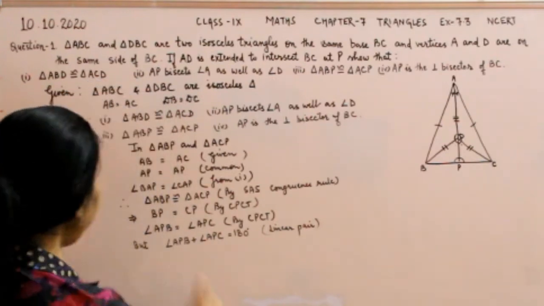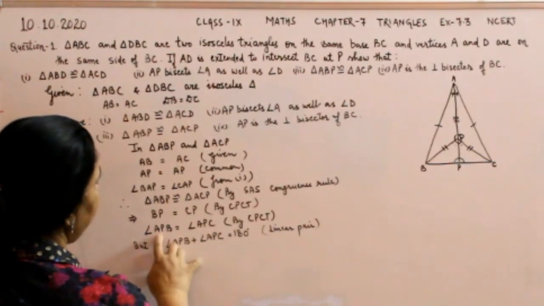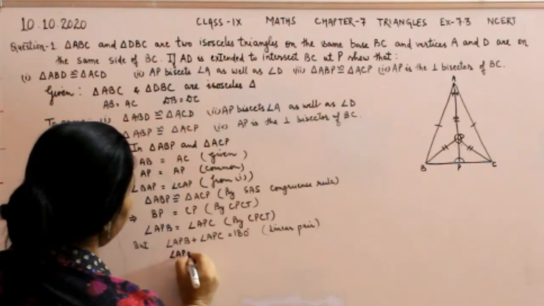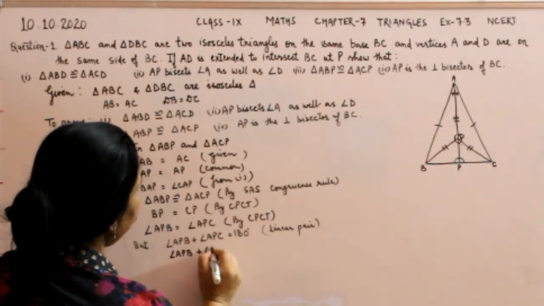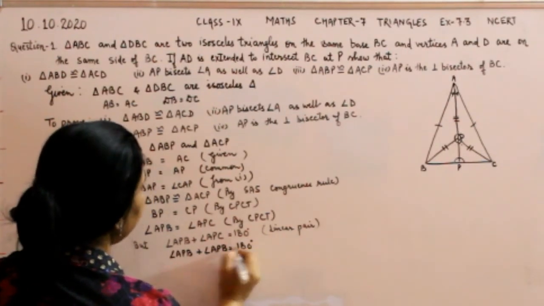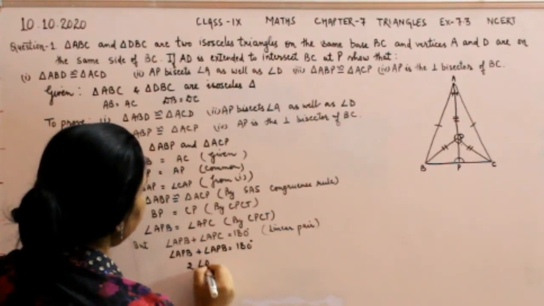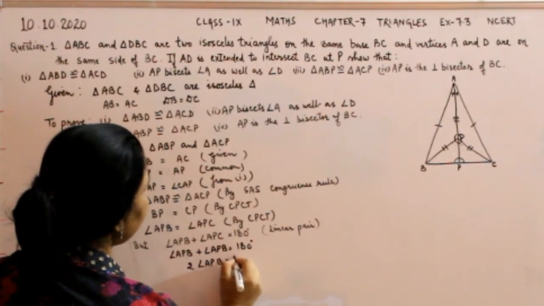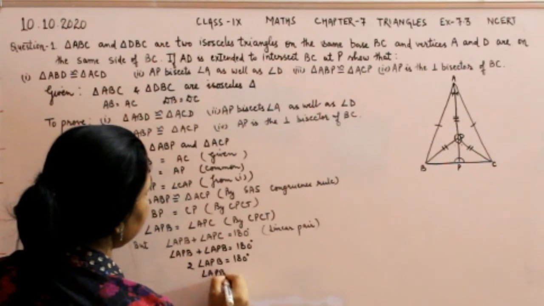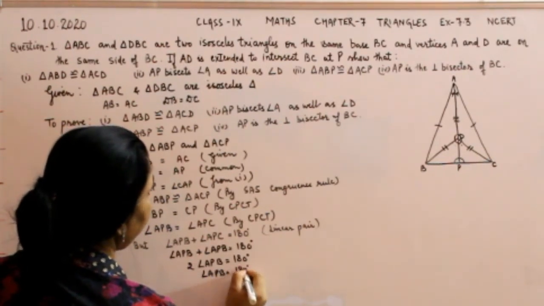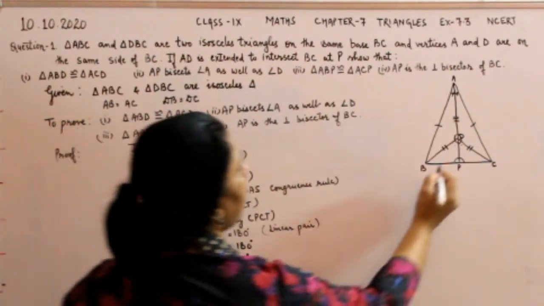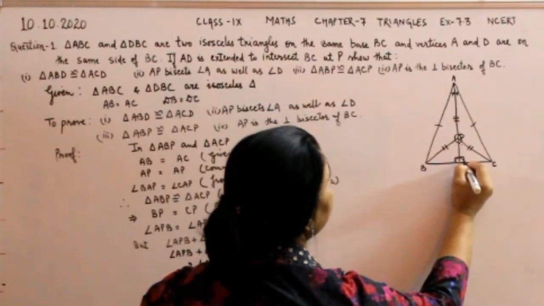Now we can write APB two times because APB is equal to APC. Angle APB plus angle APB is equal to 180 degrees. 2 times angle APB is equal to 180 degrees. Angle APB is equal to 180 upon 2, which is equal to 90 degrees. Now that this angle is 90 degrees, this one is also 90 degrees.